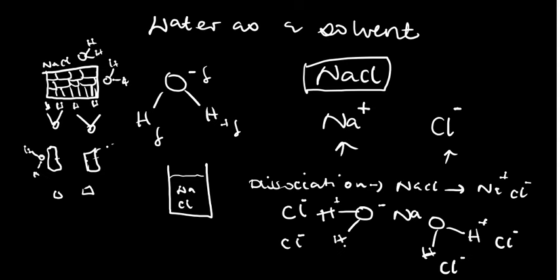The reason why this salt appears to disappear is because the atoms are no longer close together. The distance between this sodium and this chloride, the distance between these two atoms, is relatively very large.